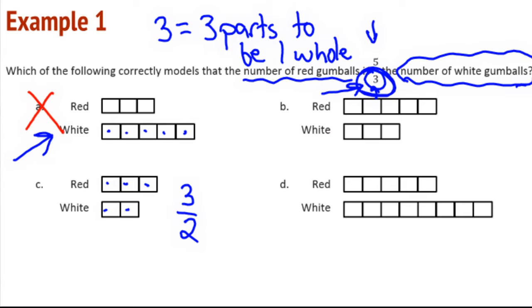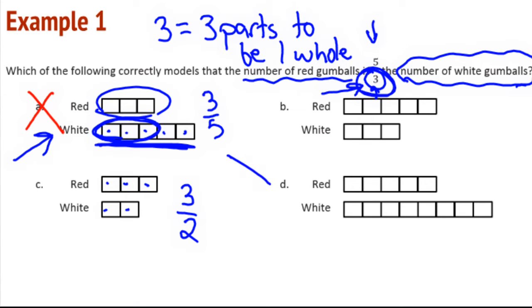Oh, I should step back up here to A. A, the red is 3/5 of the white. These 3 pieces right here, 3/5, 5 pieces. The red are 3 of them, 3/5 of the white. So let's jump over here to D. And once again, I notice the white gumballs are more than the red gumballs.